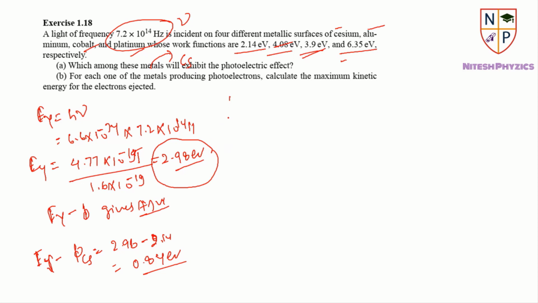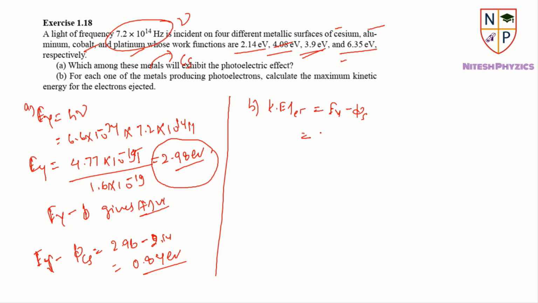Now moving towards part B. This is A, this is B. For each one of the metals producing photoelectrons, calculate the maximum kinetic energy of the photoelectron. So only cesium can exhibit it, then we can calculate the kinetic energy of the electron for cesium. This will be E gamma minus phi cesium.